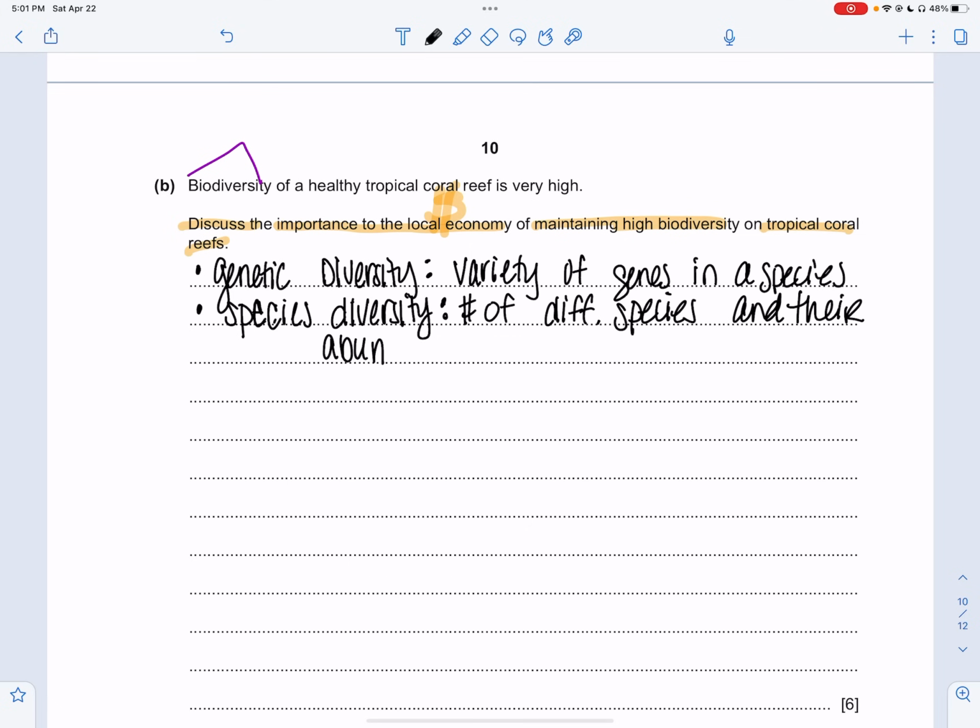So not just like, oh, there's a lot of different species in an area, but there's a lot of those species as well, a lot in their populations. We wouldn't say there's a lot of different species if you had only one of each kind. You would want there to be an abundance of them.